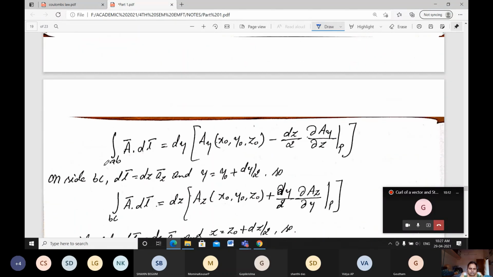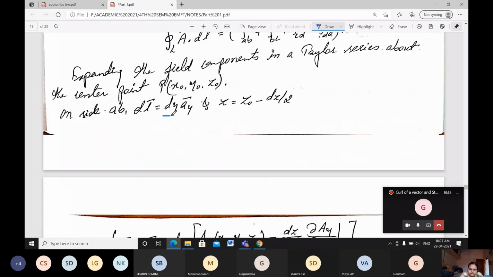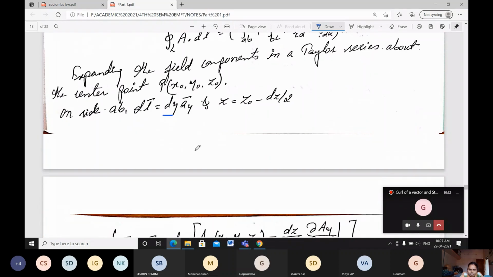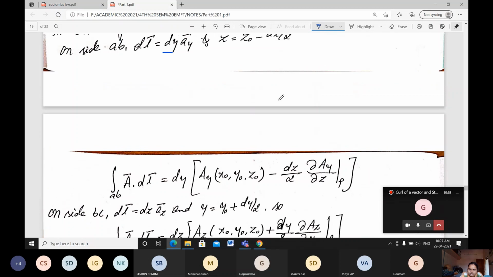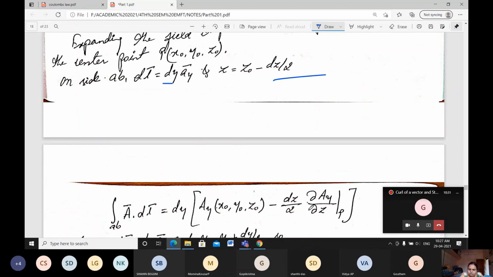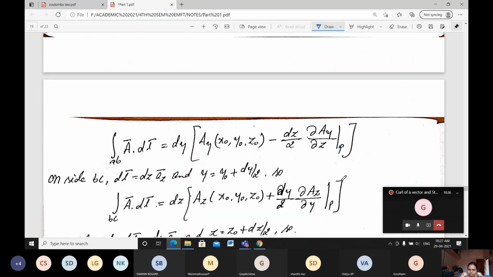Therefore the integration over AB of vector A dot dl is dy times the component ay at x0, y0, z0 minus dz by 2 of dou ay by dou z at point P. This is for the face AB.